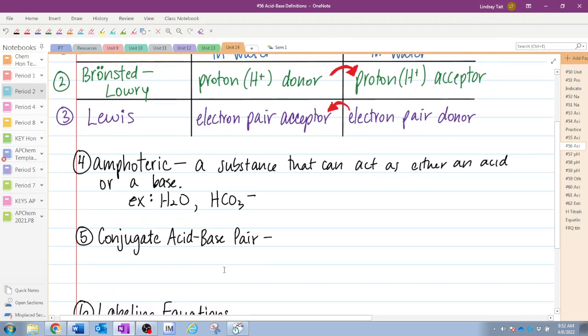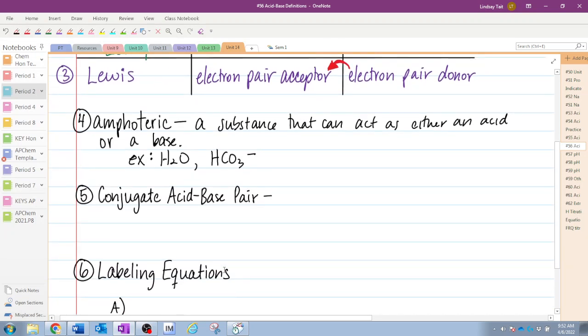All right, so we're coming back to this Bronsted-Lowry definition, and we're going to start talking about these concepts called conjugate acid-base pairs and labeling what's actually going on in different equations. So a conjugate acid-base pair is going to be two different substances, because it is a pair, and the chemical formulas for those two different substances differ by only one single hydrogen ion.